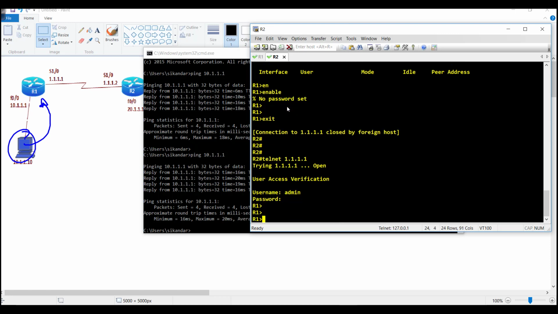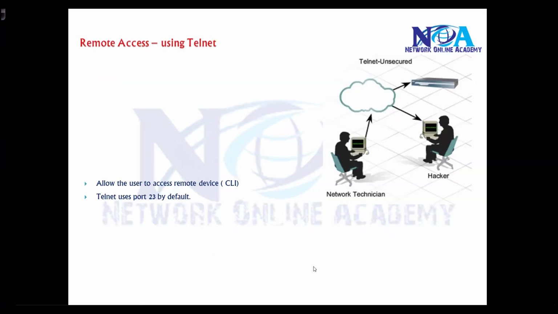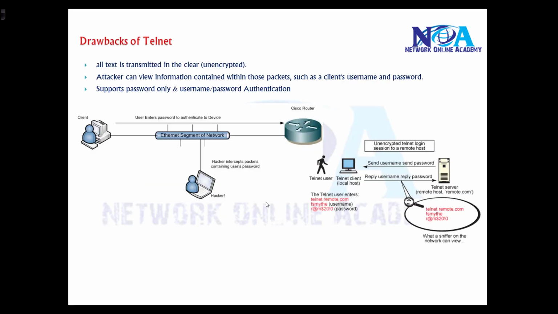But Telnet is a basic way to access remote devices via command line, which uses port number 23 by default. It is not a preferred method because the Telnet connection completely goes in clear text.